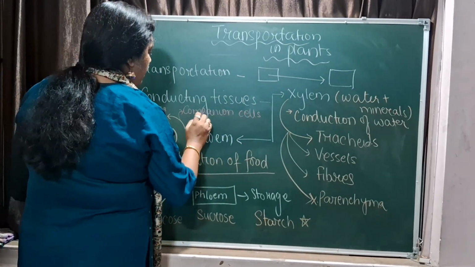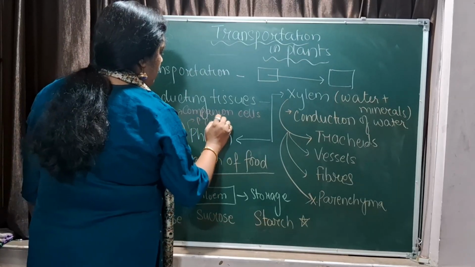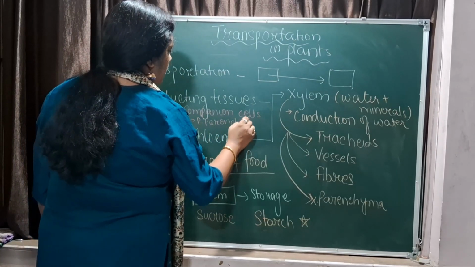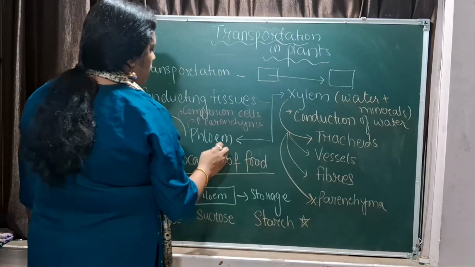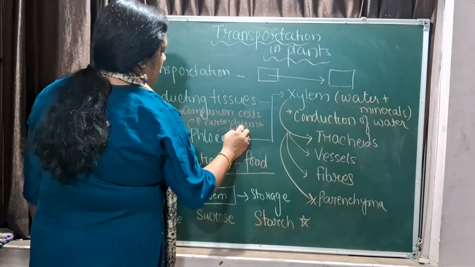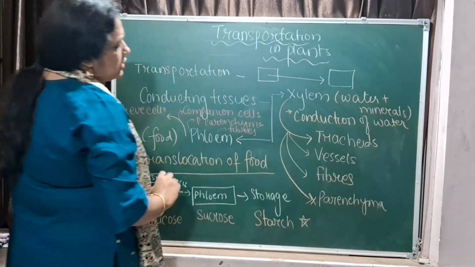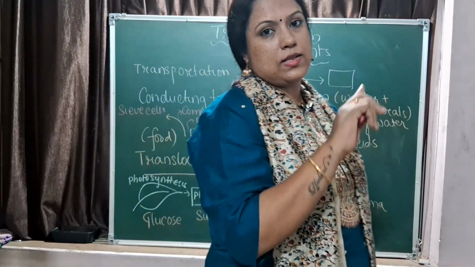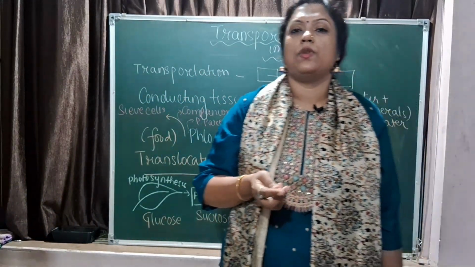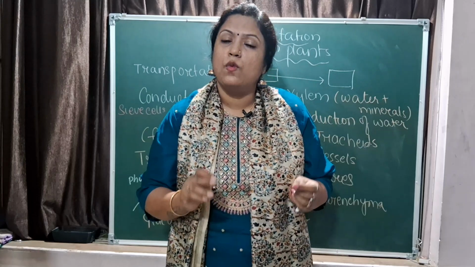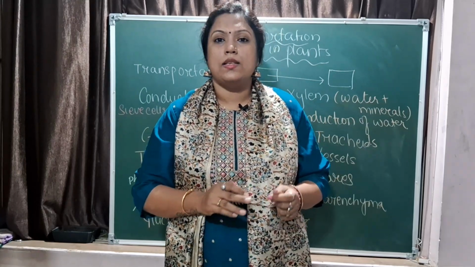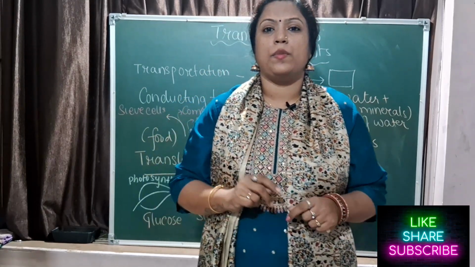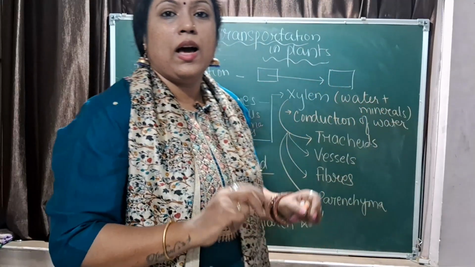Then you have phloem parenchyma, and you have fibers, phloem fibers. These are the various components of xylem and phloem, already discussed in standard 7, but still I have repeated with the concept so that you can understand what is conducting tissues. Is that clear? Any doubt, put it in the comment section. Okay, I hope this is clear.